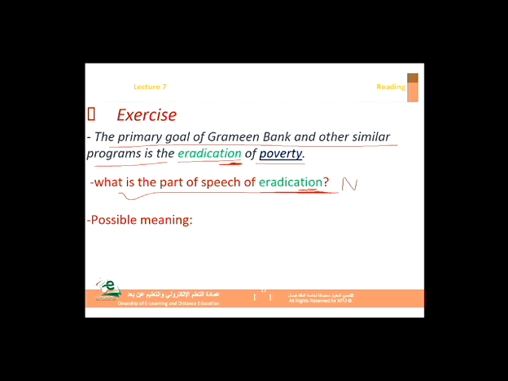It's obvious, of course, that the bank is concerned about ending poverty, or let's say, solving poverty. So eradicate means end poverty, or to stop poverty.